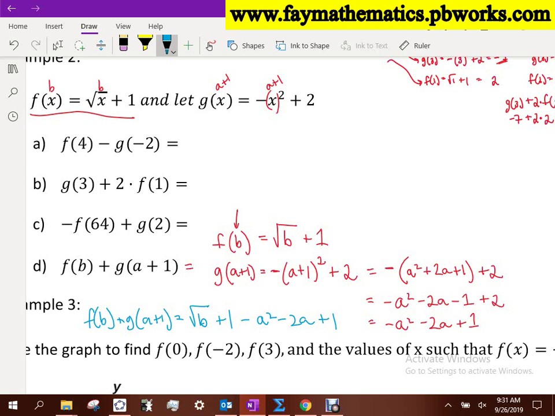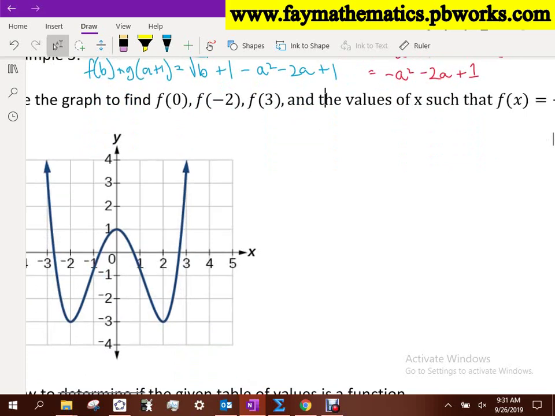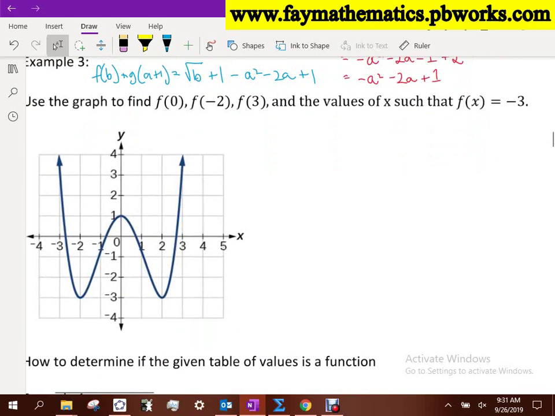Yes, sir. That procedure is going to be very critical for us in the next couple sections, when we start talking about composite functions.